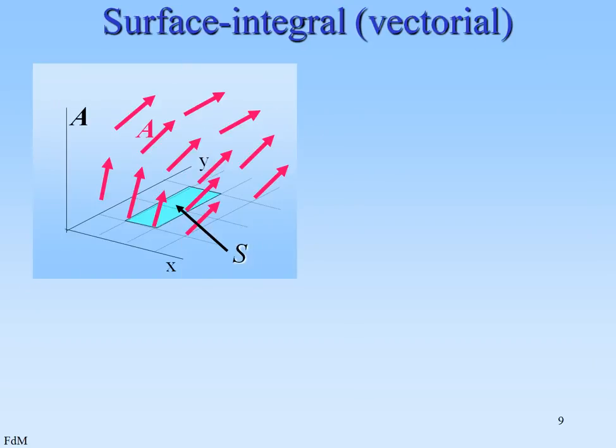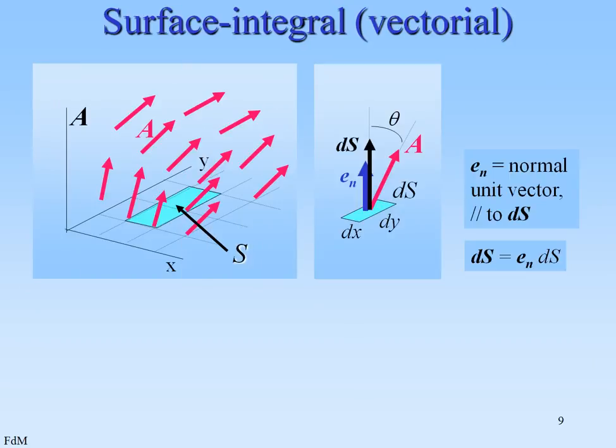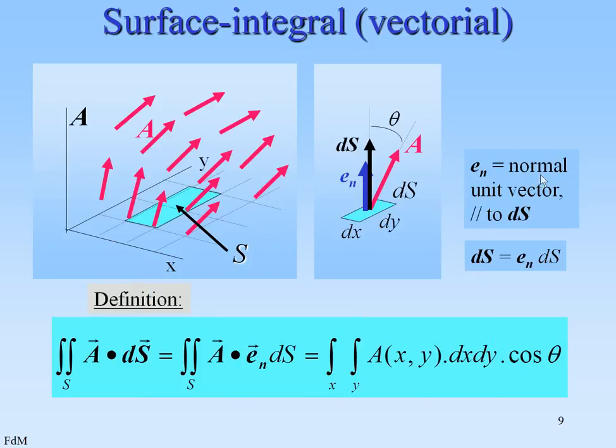A vectorial integration over a vector field, then we need the normal unit vector on the surface, and that is parallel to dS, and dS is defined as the normal times the size of the surface element.